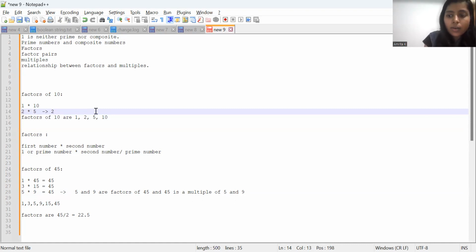That is what we get from this particular expression, that is 2 into 5 is equal to 10.